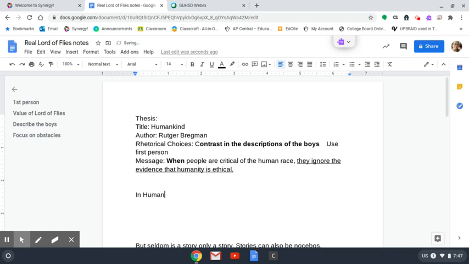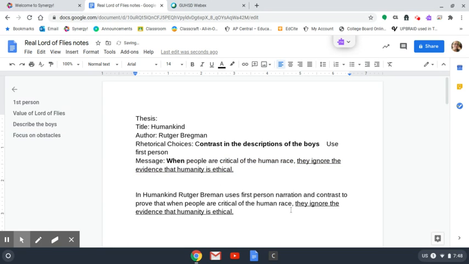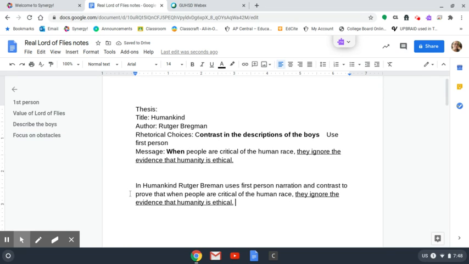So in Humankind, Rutger Bregman uses first-person narration and contrast to prove that when, and then I'm going to copy paste, people are critical of the human race, they ignore the evidence that humanity is ethical.